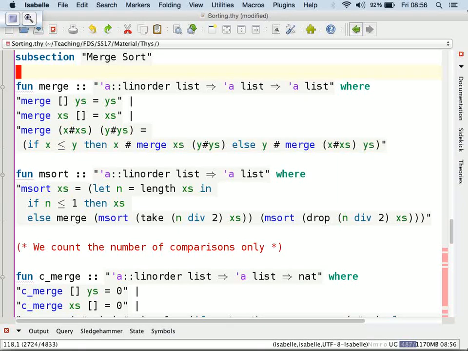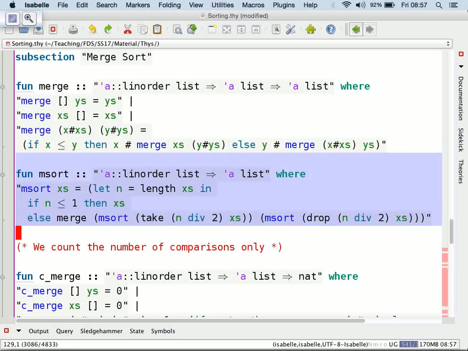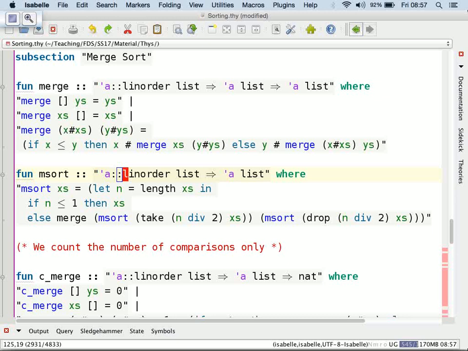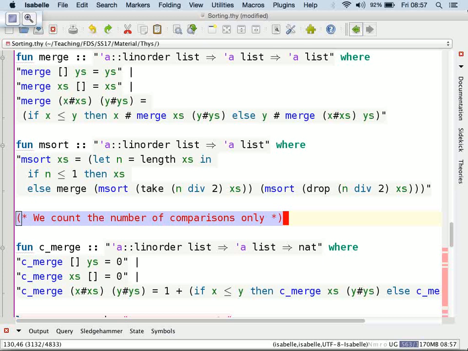So this is just the merge function as we saw it, and here is the merge sort function. And you see in both cases I have explicitly said that the type A is a linear order. And now, here we count the number of comparisons only. So we can now look concurrently at the function merge and C merge, the comparisons that merge requires. If you look at the first two lines of merge, there is no comparison. And then in the last line, of course, there is one comparison. That's where the 1 plus comes from in the C merge at the bottom.